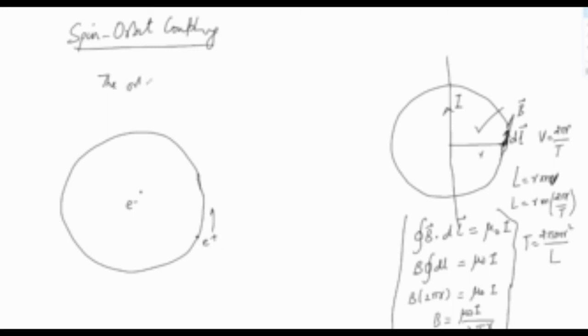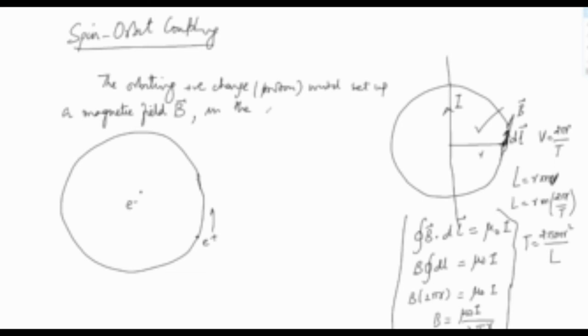Now the important point is the orbiting positive charge, that means I'm talking about the proton, would set up a magnetic field B in the rest frame of the electron.